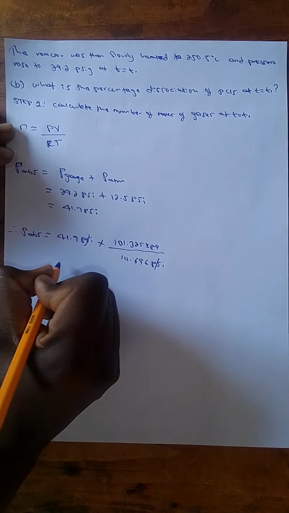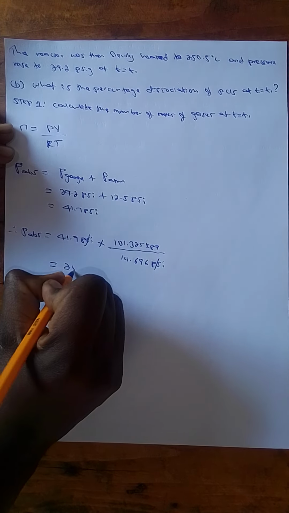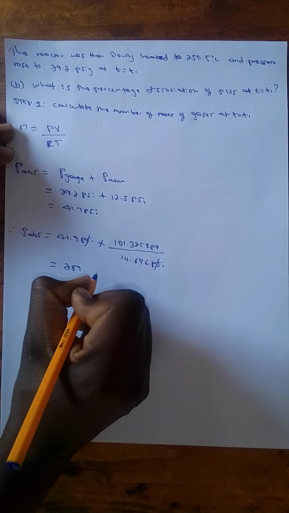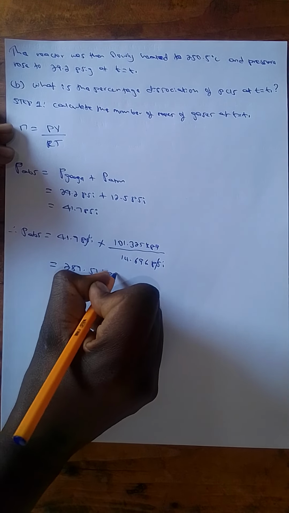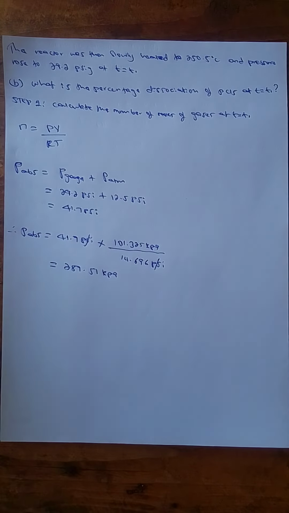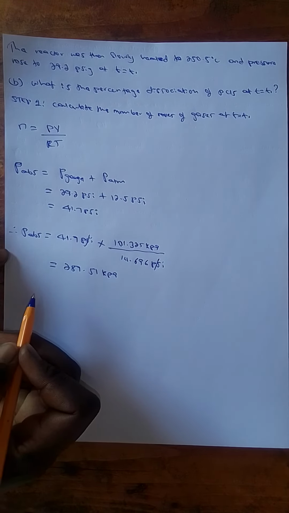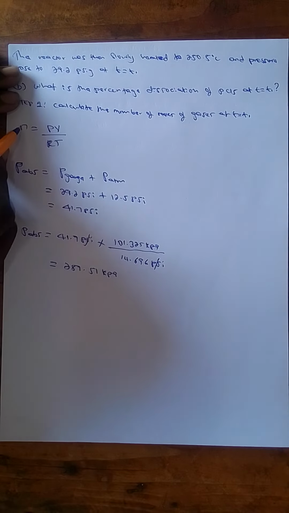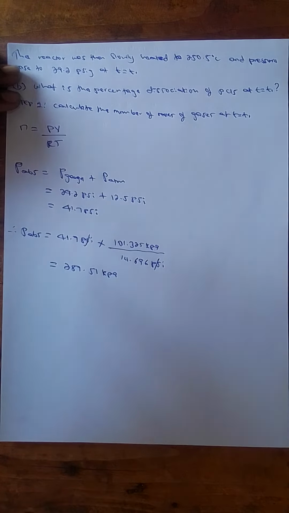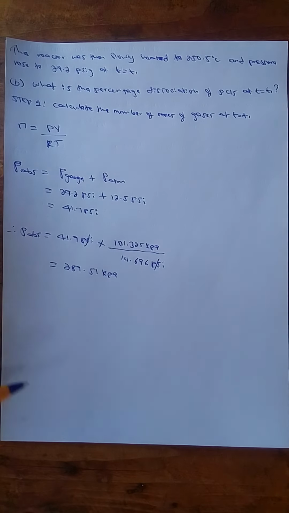If you use your calculator, that gives you 287.51 kilopascals. So we know the pressure at these conditions is 287.51 kilopascals. With that said, we can go back to this equation and calculate the total number of moles of all the gases combined at these conditions.